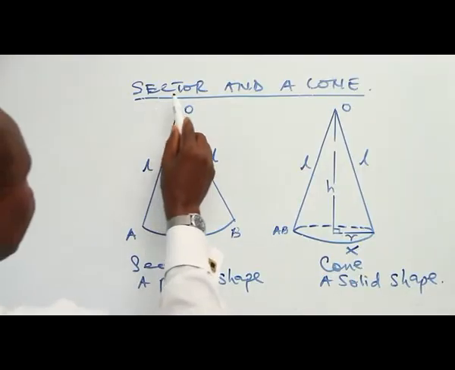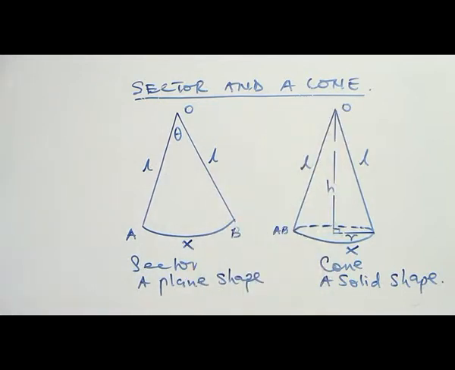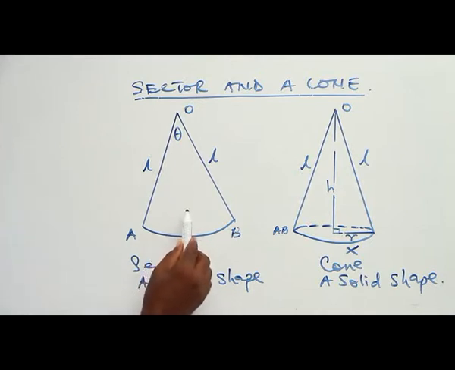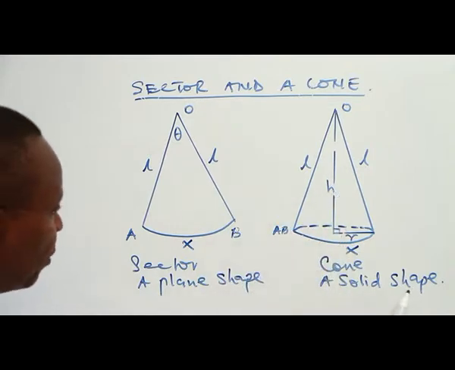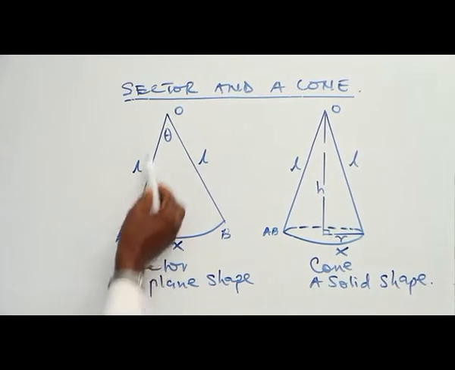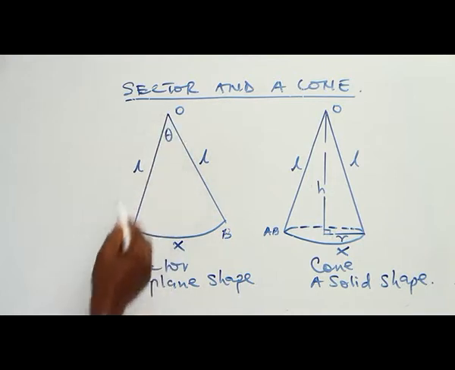Let us now look at a sector and a cone. We want to be able to draw out a relationship between a sector, which is a plane shape, and a cone, which is a solid shape. As far as this diagram is concerned, this is a sector, OASB.